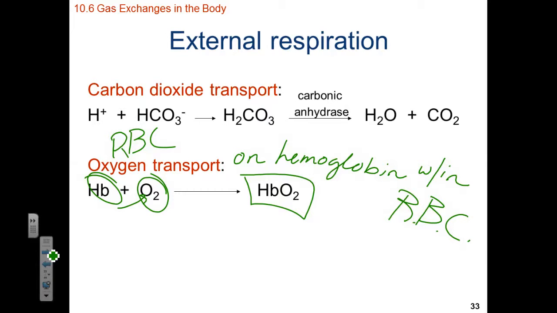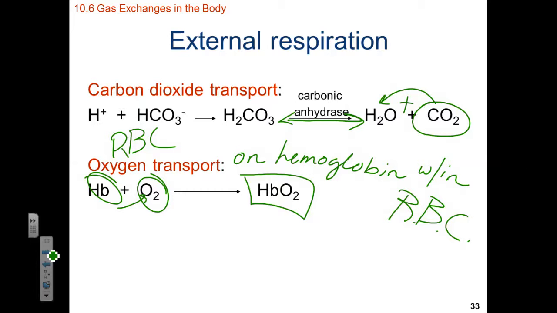Carbon dioxide, on the other hand, is not going to be moved primarily in the red blood cell. Most of our carbon dioxide is going to be moved through the bloodstream as carbonic acid. So the cells in our bodies make carbon dioxide. That carbon dioxide is combined with water, and this enzyme, carbonic anhydrase, can power a double-sided reaction.